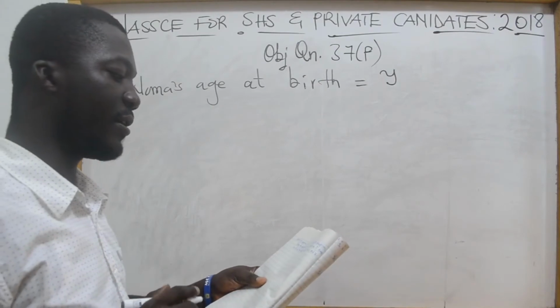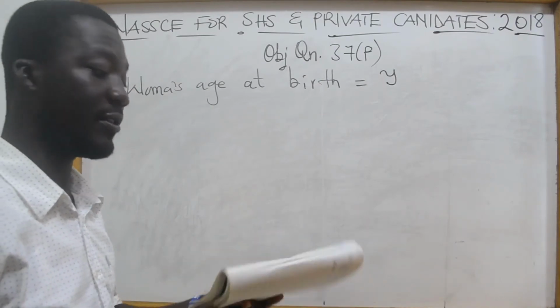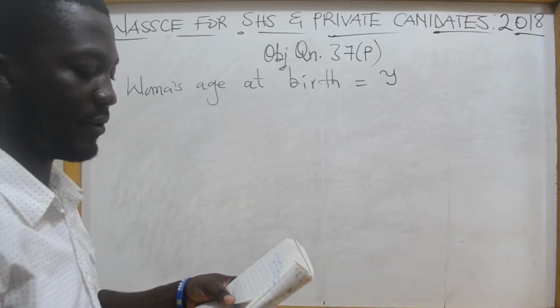Then when the daughter was x years old, the mother was n times as old.